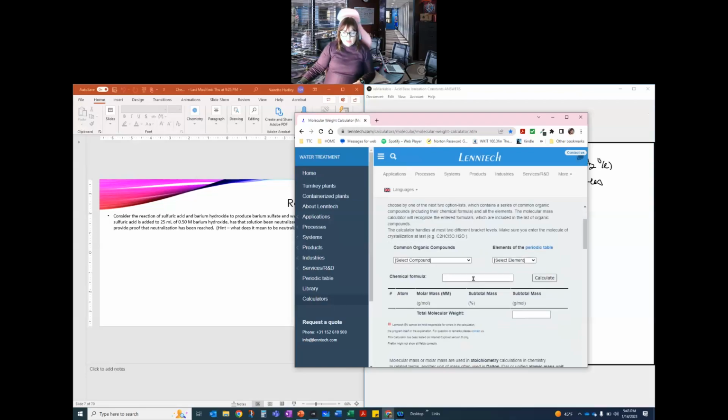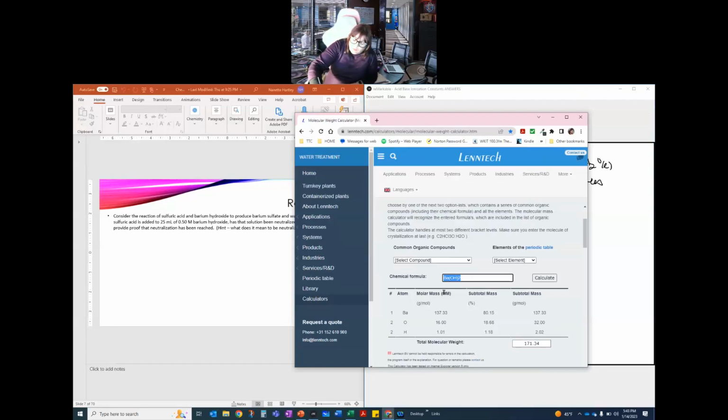So I come to this little Lenntech molecular weight calculator, and you can see I've already put in Ba(OH)2. I typed it wrong, that's why it doesn't like that, because it can't be capitalized. And that is 171.34. And that's grams per mole. Those are the units on my molecular weights.